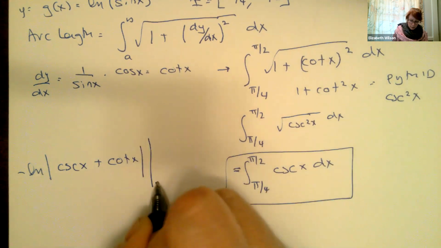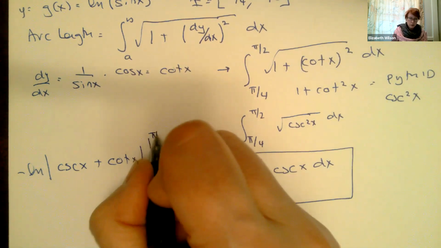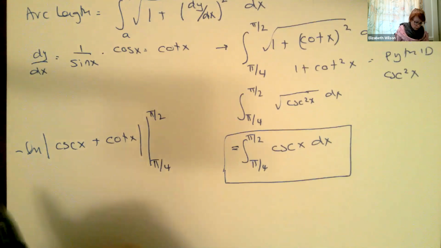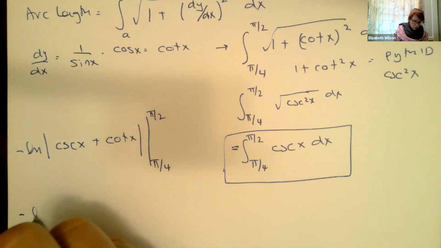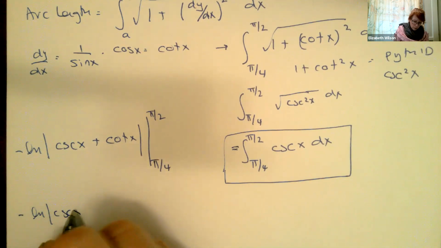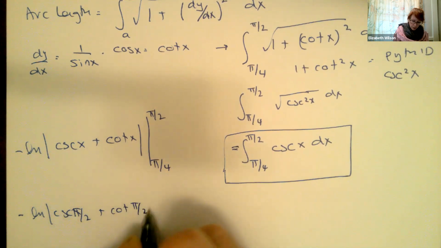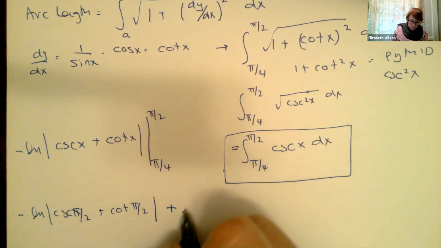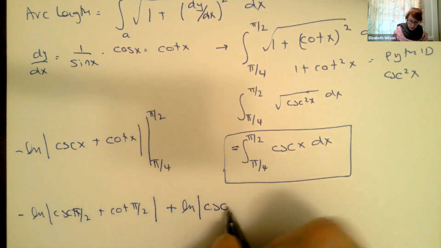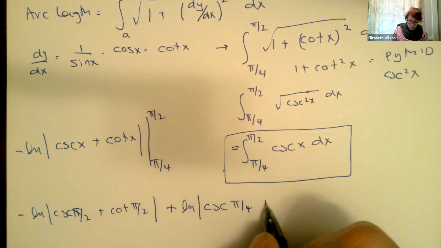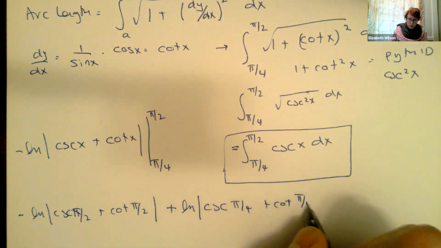and we're going to go from pi over 4 to pi over 2. Now, if I'm going to evaluate this, this is going to be minus natural log of cosecant of pi over 2 plus cotangent of pi over 2, minus the same at pi over 4: cosecant pi over 4 plus the cotangent of pi over 4. So you have to remember your trig.